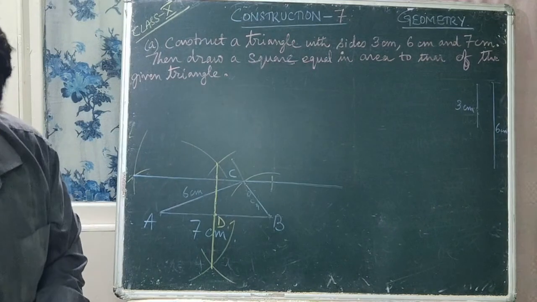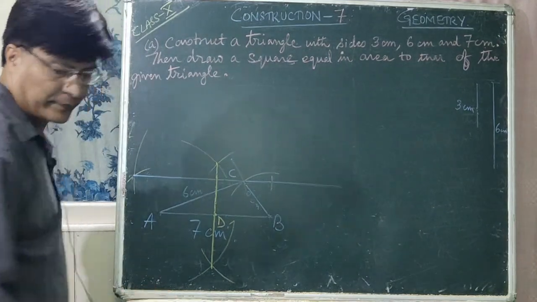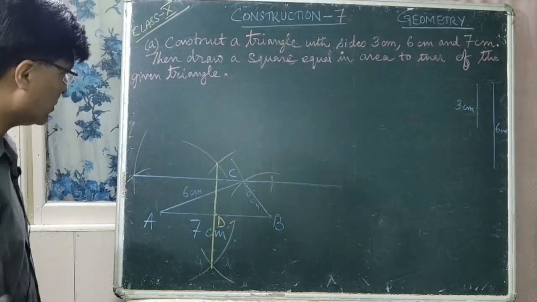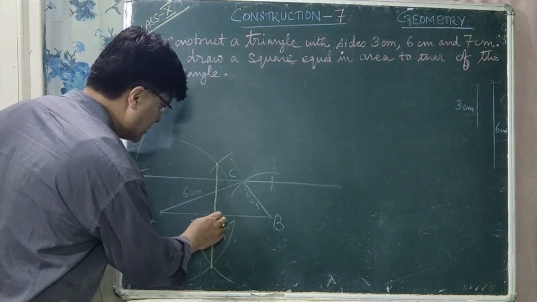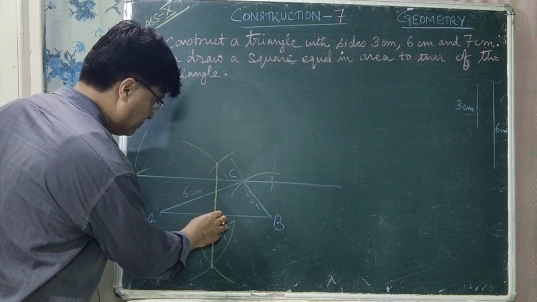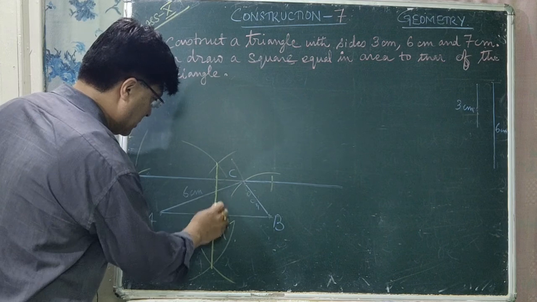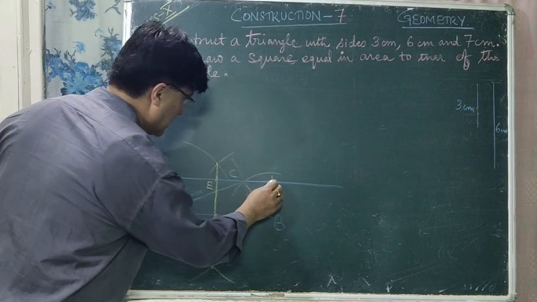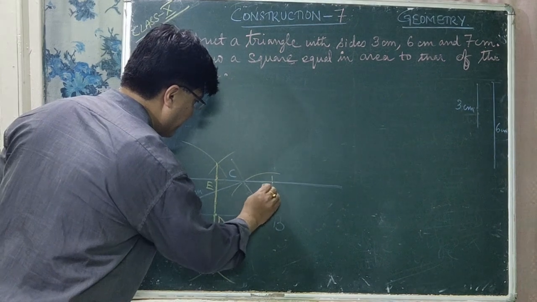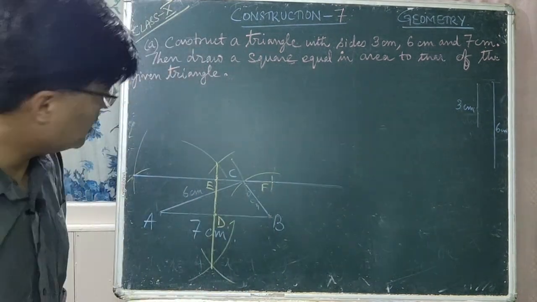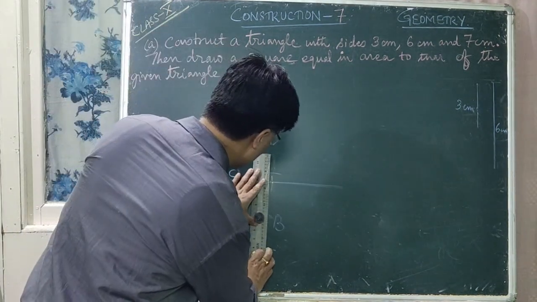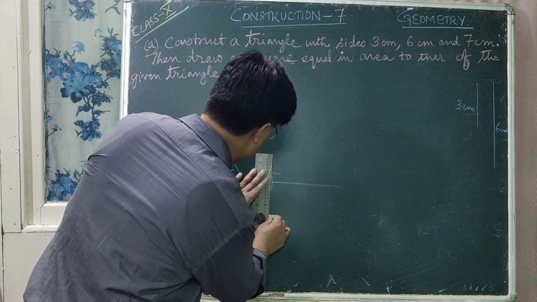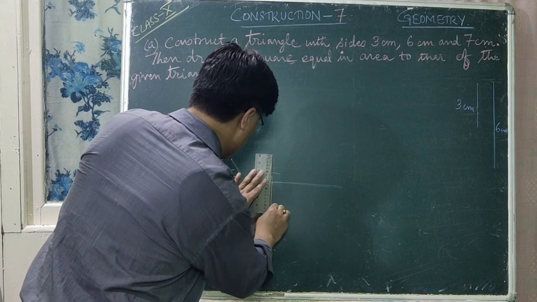So now this is B, this is D, BD, A, B, C, D, E. Let us mark it as E and let us mark it as F, right? So join this BF. This BF is joined.